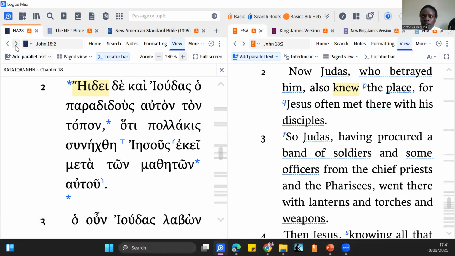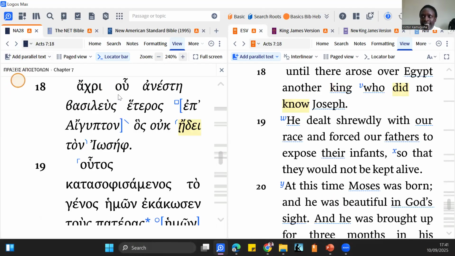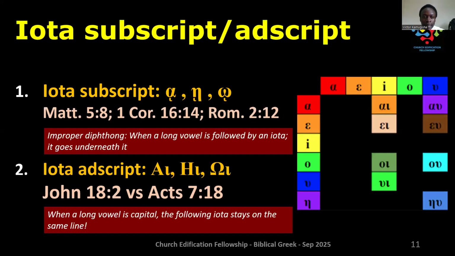When you compare this with Acts 7:18, here you have the eta, which is not uppercase, and the iota has gone below. So you see the difference. When the eta is uppercase, the iota does not go below, that's adscript. When it is lowercase, it goes below, that is subscript.